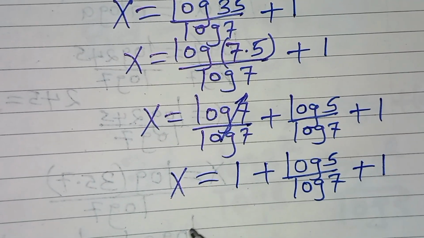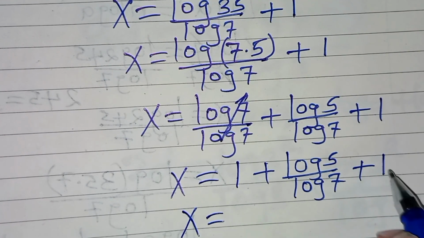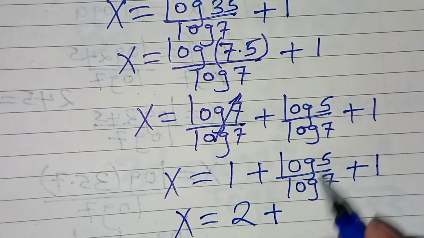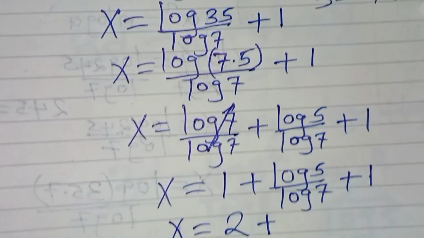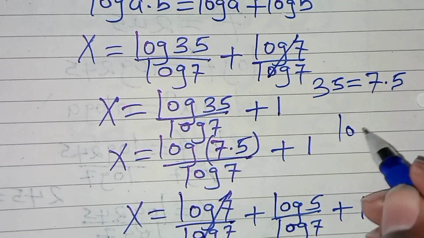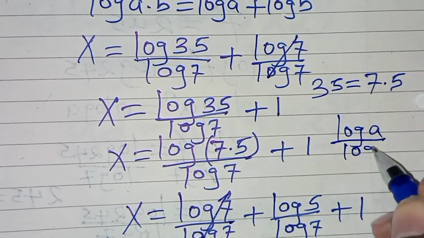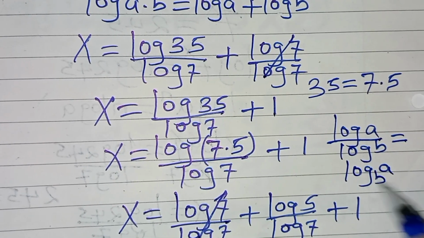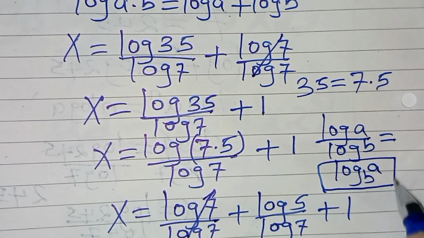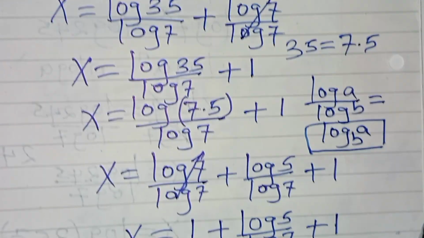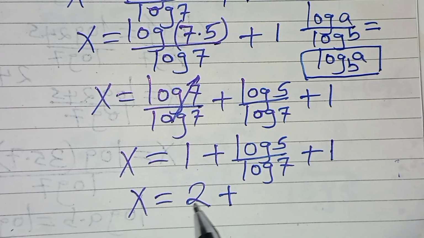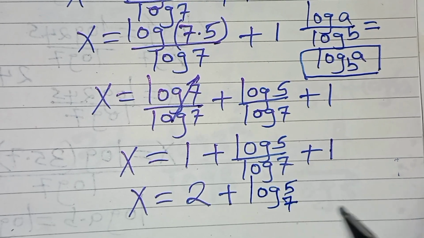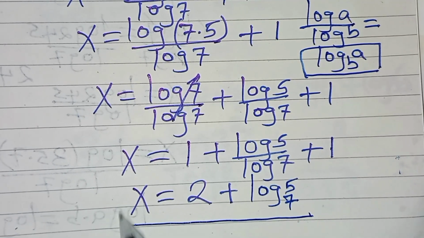So that means we have that x is equal to 1 plus 1, which is 2, plus log 5 divided by log 7, and this essentially is in the form of log a divided by log b, which we can express as log a to base b. So let's apply this property, so that now we'll have x is equal to 2 plus log 5 to base 7. So this is the value of x.